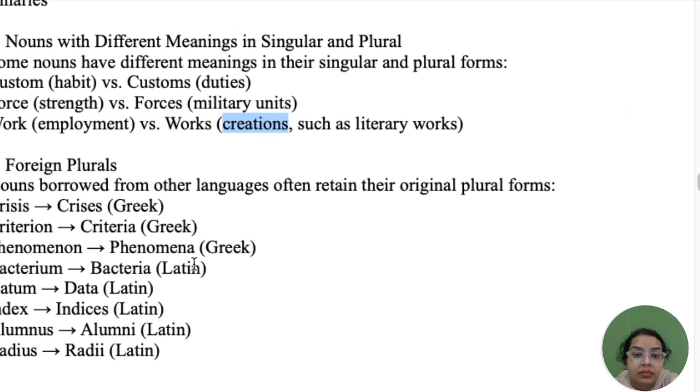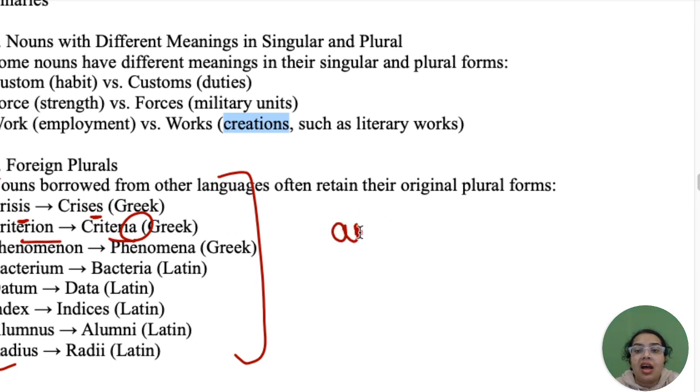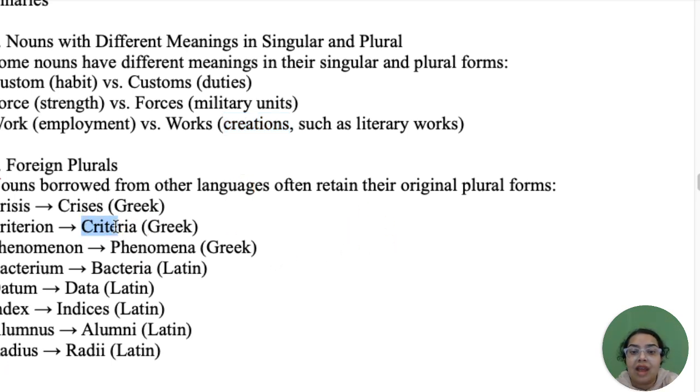Okay. Now, these are some words which you will have to learn. Crisis with I is singular, with E is plural. Criterion is singular and criteria is plural. So the criteria are, okay, it doesn't sound plural. Many times I have seen students say, oh, it sounded like this in my mind.